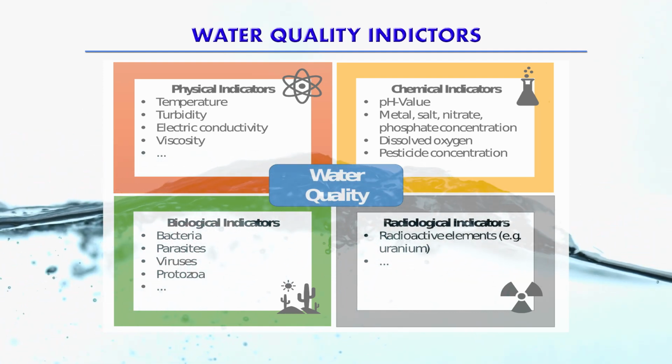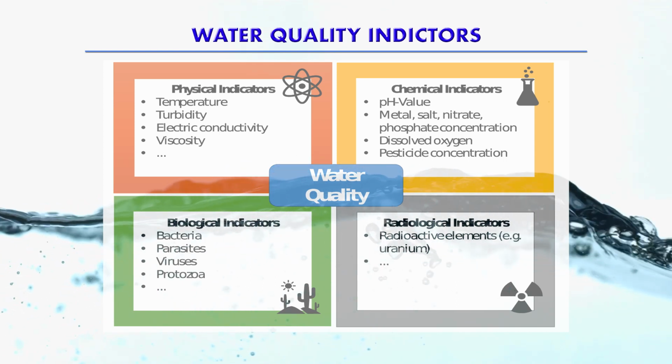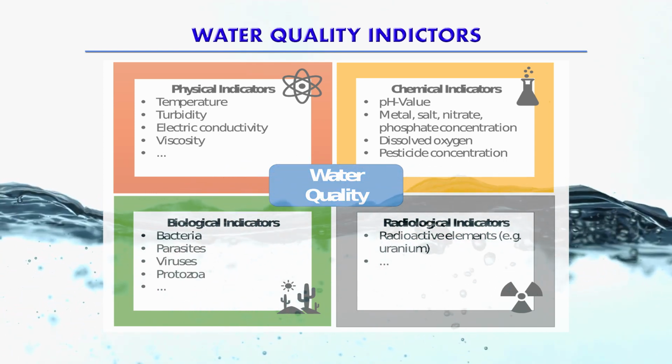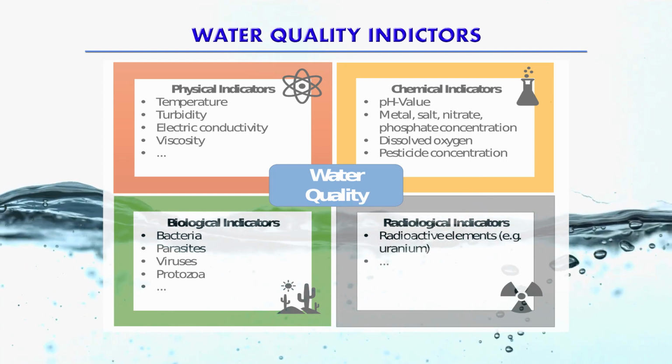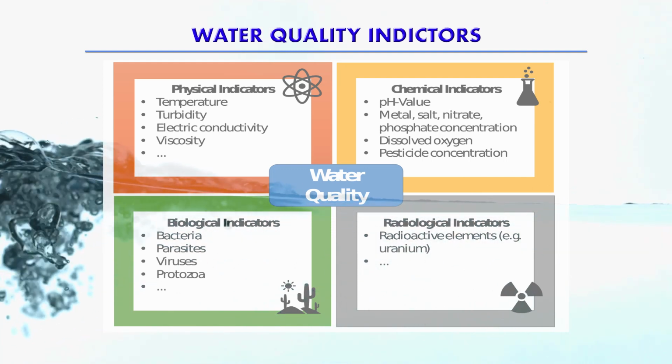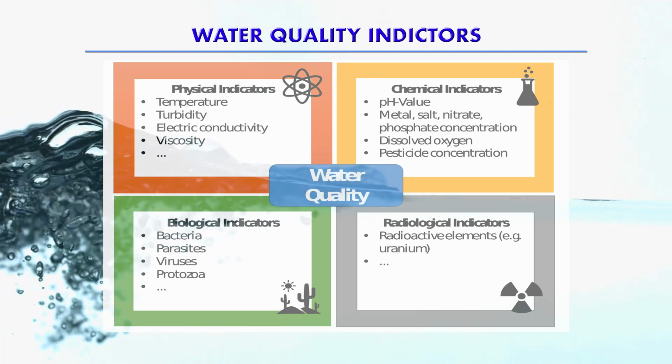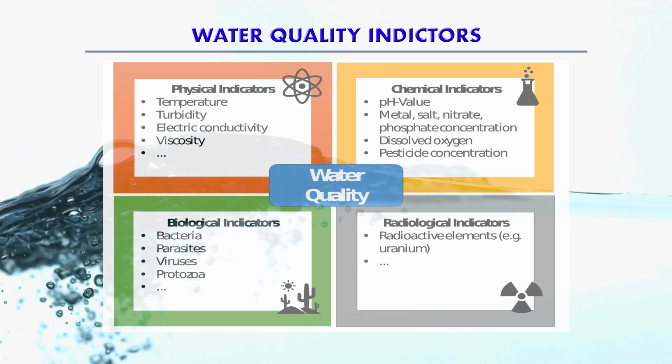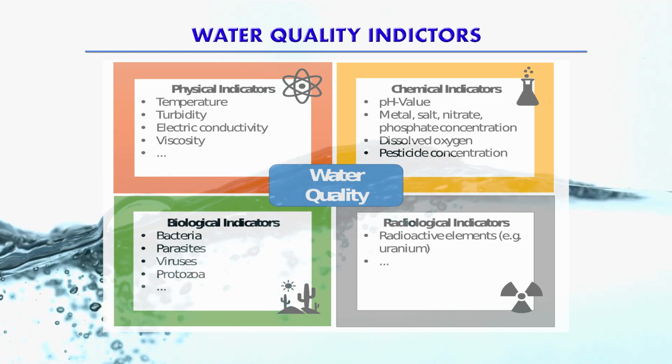Number 3 is the biological indicator. It mainly involves bacteria, parasites, viruses, protozoa. Number 4 is the radiological indicators. It involves radioactive elements, for example, uranium, etc.